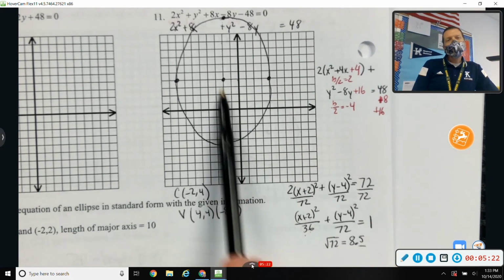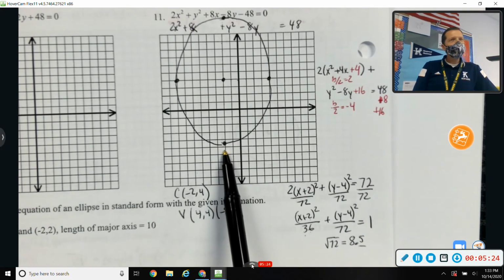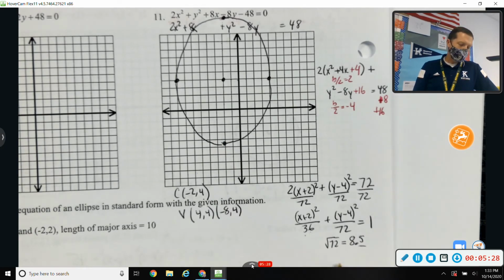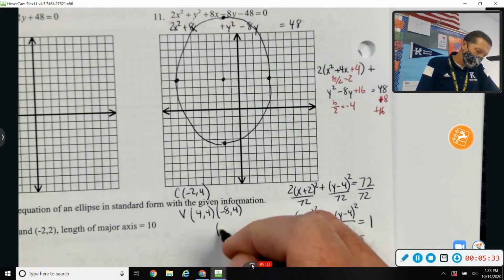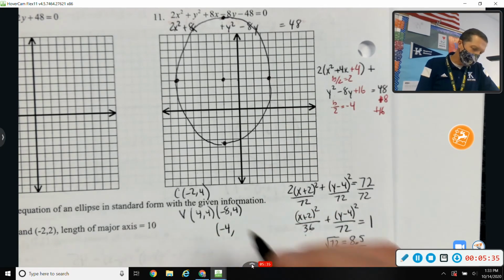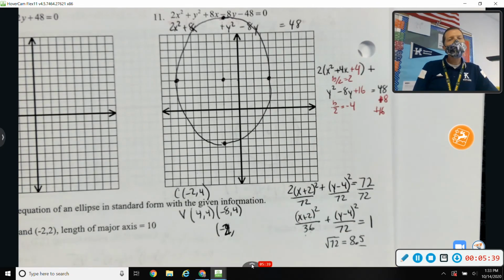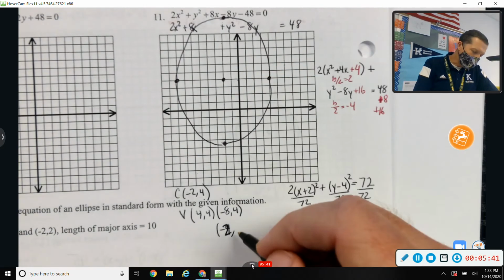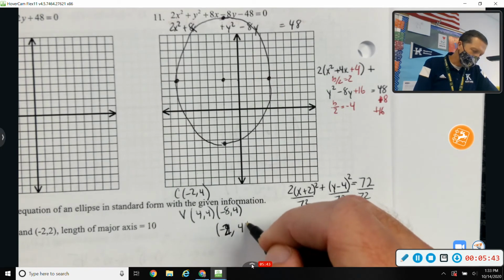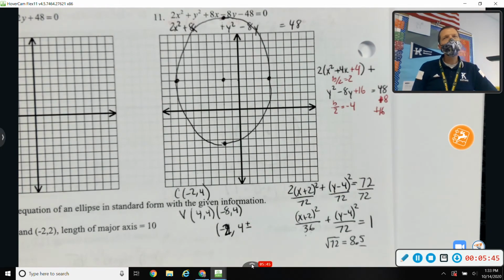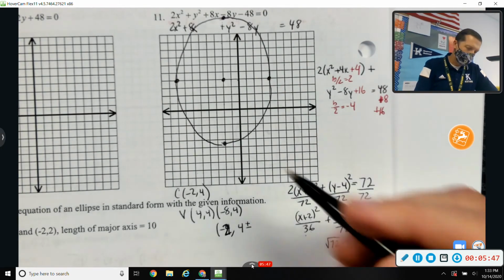The ones on the y, they did not land on a grid, so I need to be a little bit careful here. We went up and down square root of 72 from the y coordinate. So I'm going to say negative 2, that's my x coordinate for sure. And then I started at 4, and I went up and down, so plus or minus square root of 72.